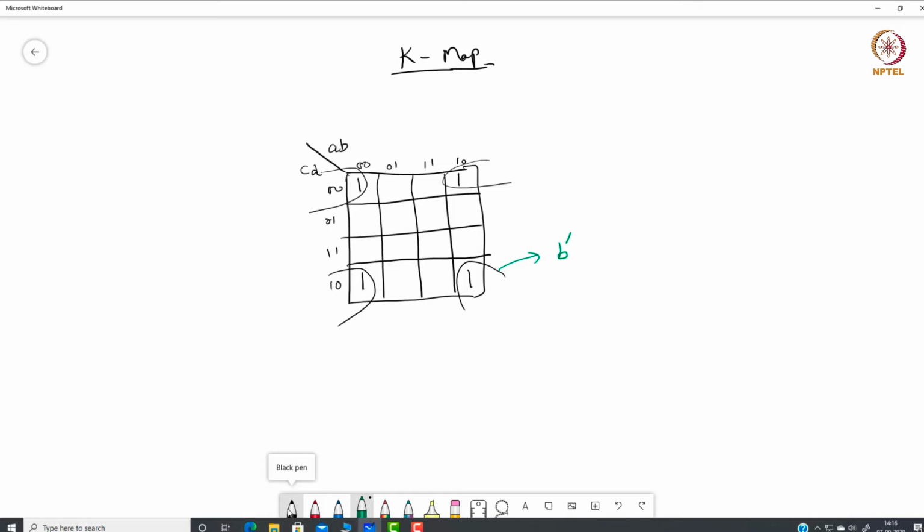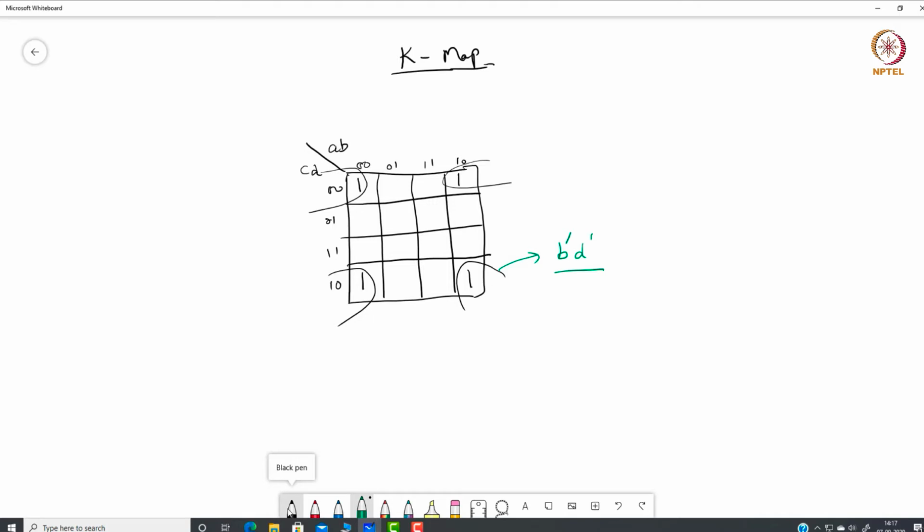From the side we can see that C is variant and D dash is invariant. So these 4 corner ones form a cube, and the product term corresponding to this cube would be B dash D dash.